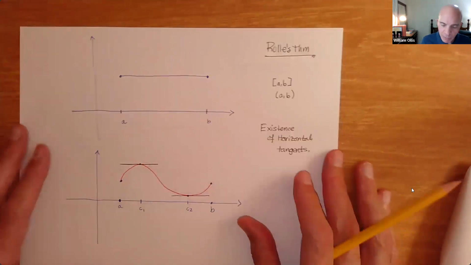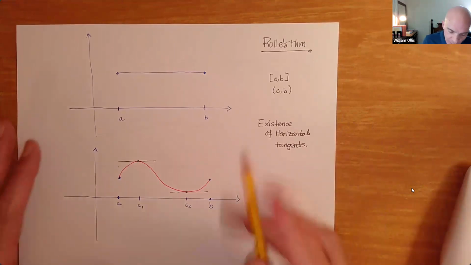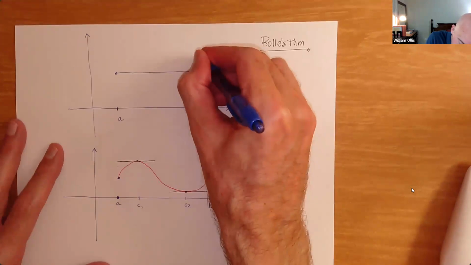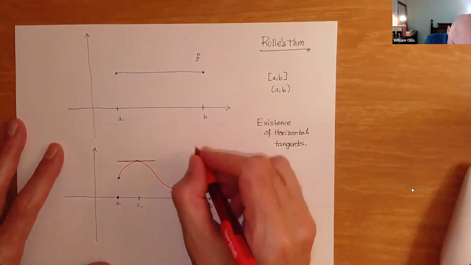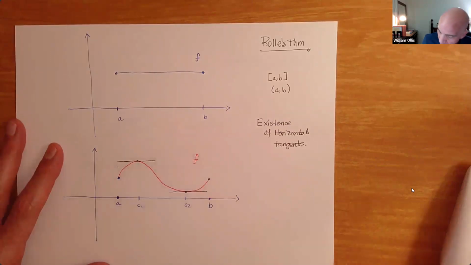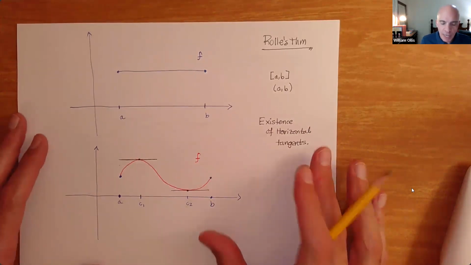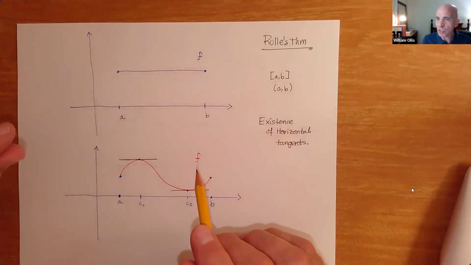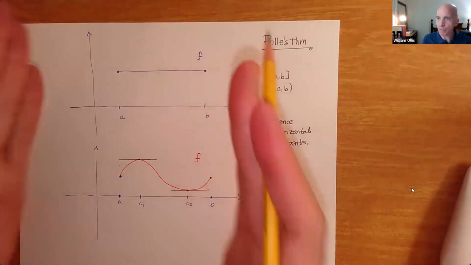And so what I'm showing you here are two different situations. For instance, in the first situation, this red function is the function f. If we look at this intuitively, suppose f is a constant function, that is, f equals some number fixed throughout the interval (a, b).